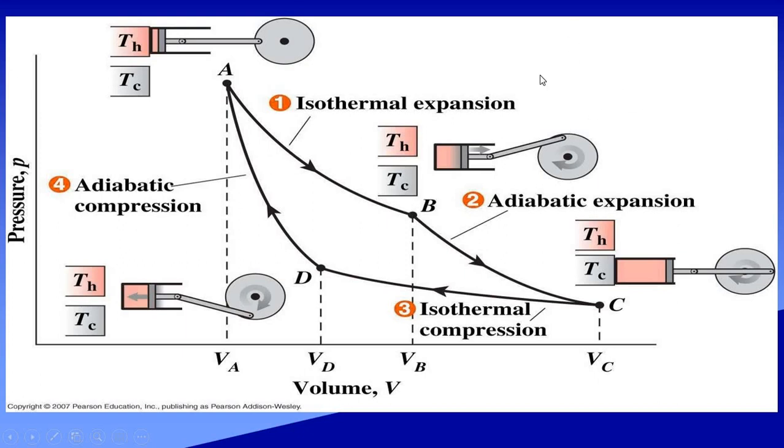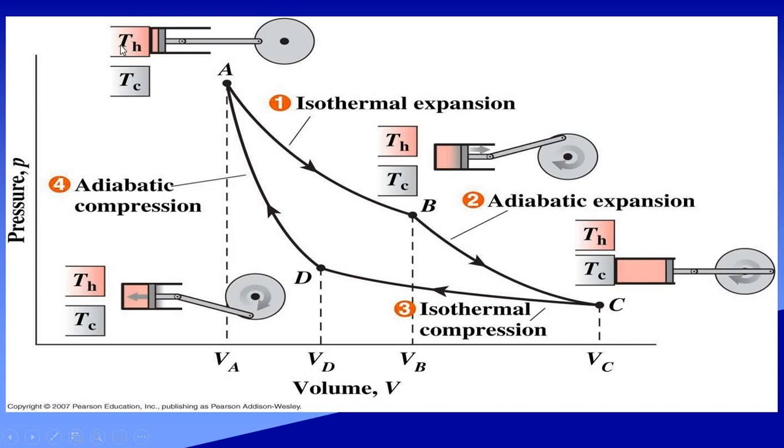When you draw a TS diagram for this, for 1 to 2 the T line should be a constant line, and 2 to 3 is an adiabatic process where the expansion continues further. The entropy remains constant during that process, and similarly for the other isothermal compression and adiabatic compression.